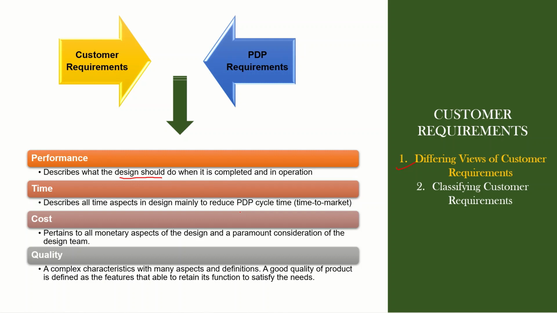And then cost pertains to all monetary aspects of the design and is a paramount consideration of the design. Cost is one consideration that we need to take into account, where we want to bring profit to the organization. So it is important in the design stage to consider how to optimize the cost, which means we find the optimal solution in reducing the cost.